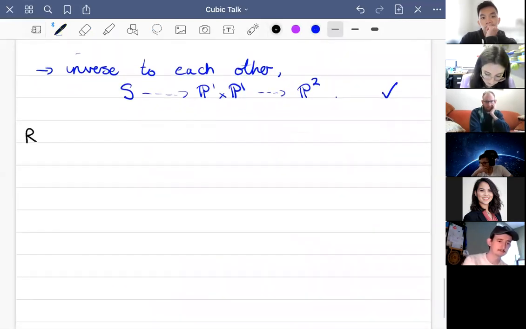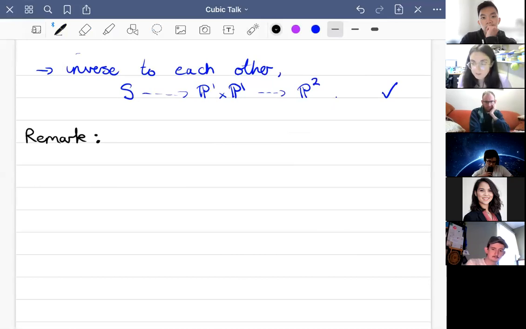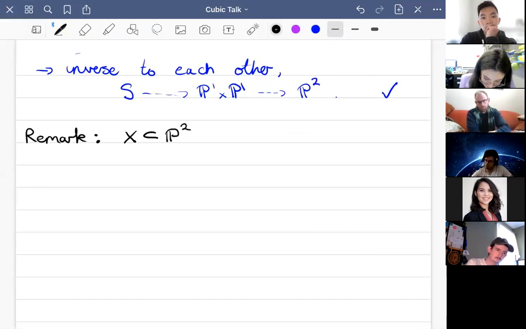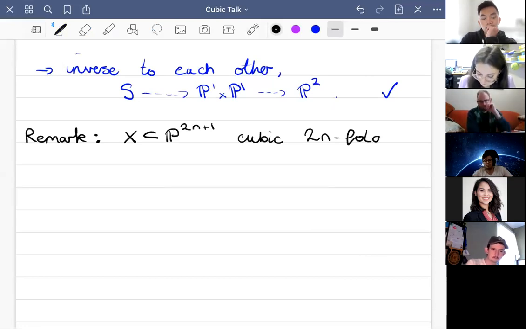A remark: we can use this same argument in higher dimensions. So if X is a hypersurface of P^(2n+1), a cubic, then X would be 2n dimensional.